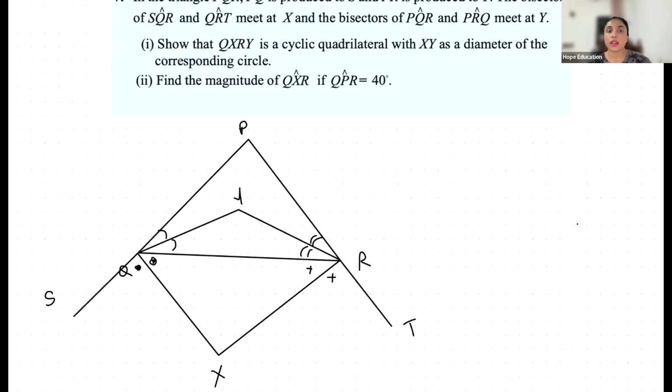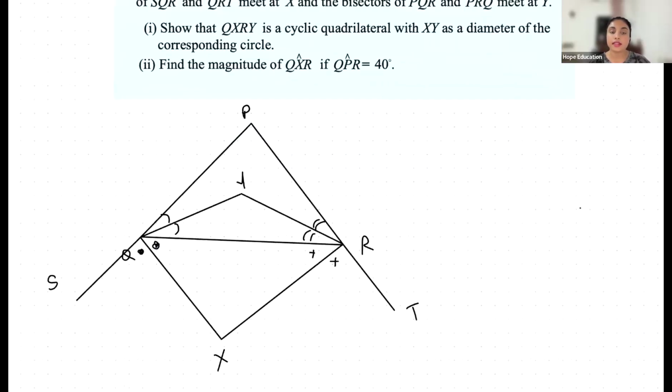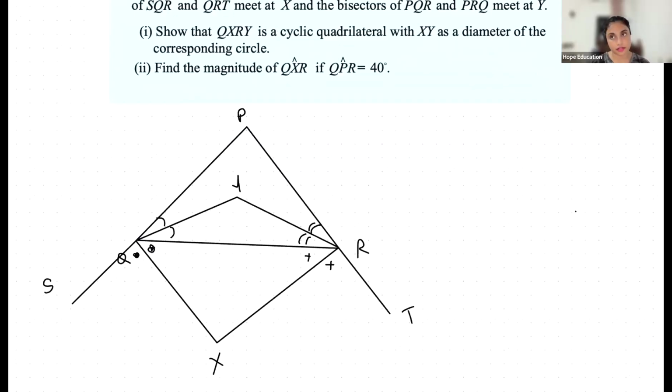Quickly tell. How did you get that this is a cyclic quadrilateral? Is there a specific way that you used for this? What do you think?